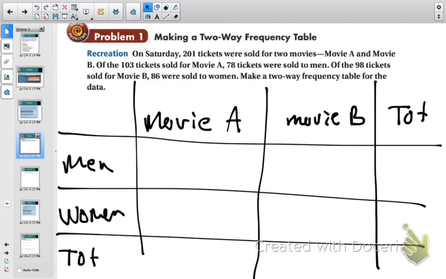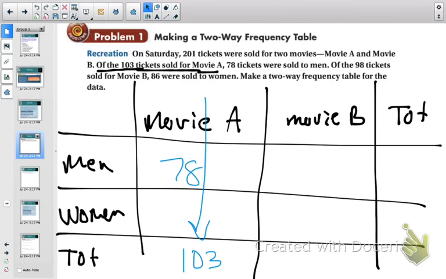Okay, so let's look at the numbers it gives us. It says, of the 103 movie tickets sold for A, so that's telling us that there's a total of 103 for movie A. So I'm looking at movie A here. My total is going to go down to the bottom here, and that's going to be 103. It says 78 of those were sold to men. So 78 of this 103, so I'm still in this column, were sold to men.